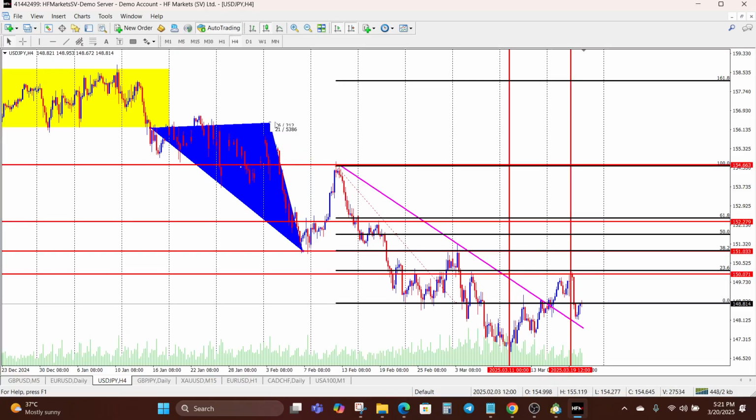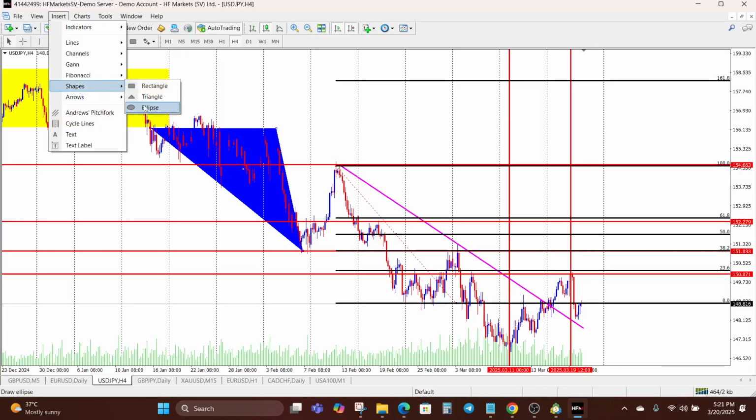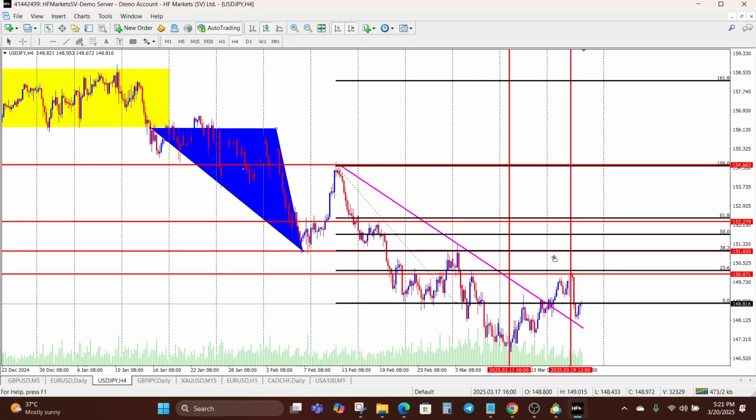And then the ellipse can also be used, maybe if you want to identify a significant area on the chart. Basically, it all depends on what you want to achieve. That's going to determine the shape that you're going to use.